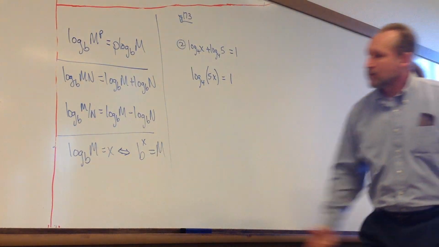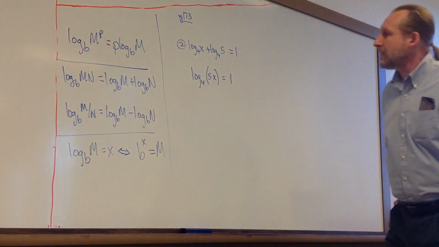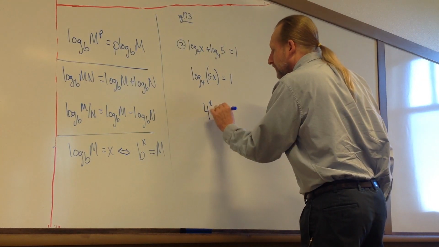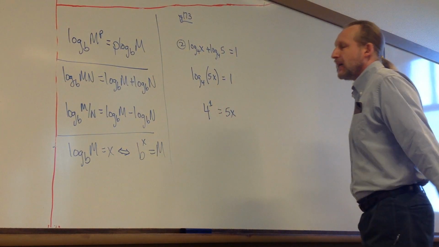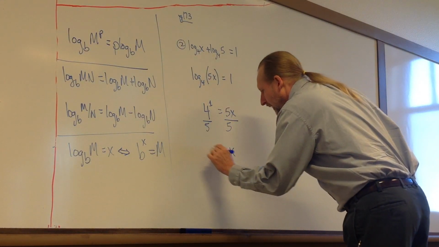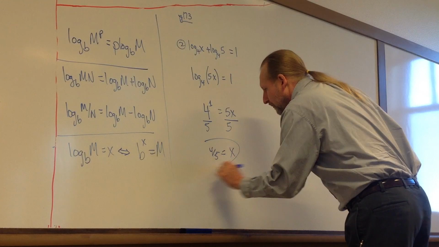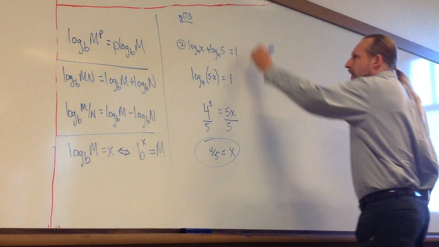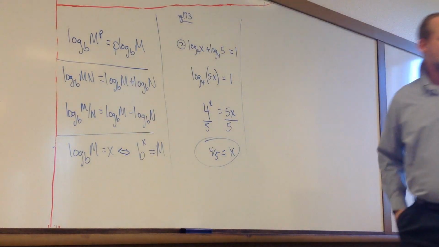All right? Then we're going to use this right here and say, well, that must mean that 4 to the first power is equal to 5x. Divide on both sides by 5, and x is 4/5. If you want to call it 0.8, that's fine as well. All right, well, there's problem 2.